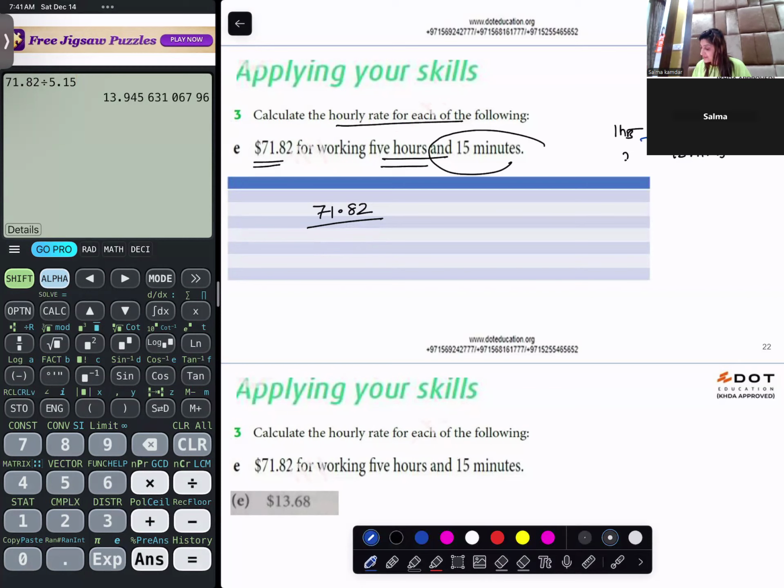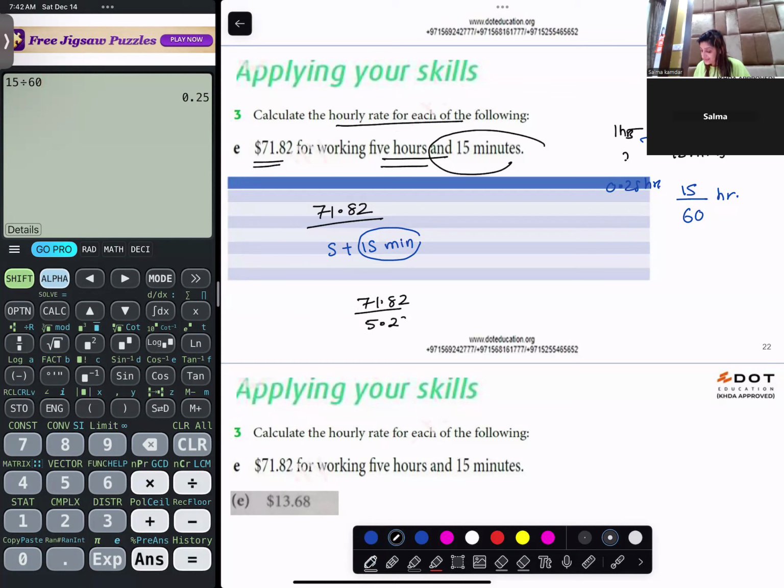So 15 minutes is how many hours? So you're going to do 15 divided by 60 to get the hours. So it is 0.25 hours. So 71.82 is for 5 hours and 15 minutes. You convert the minutes into hours. So this is going to be 71.82 for 5.25 hours.